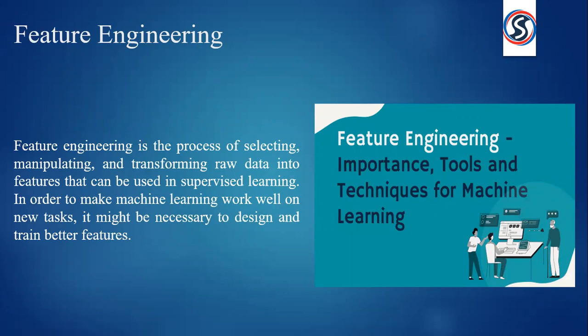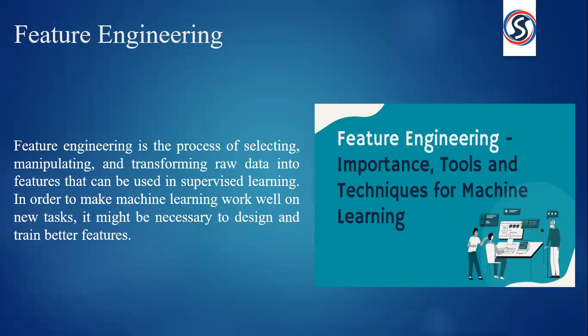A small go through of what is feature engineering. It is a process of selecting, manipulating and transforming the raw data into features that can be used in supervised machine learning. In order to make machine learning work well on new tasks, it is very necessary to design and train it with better features.